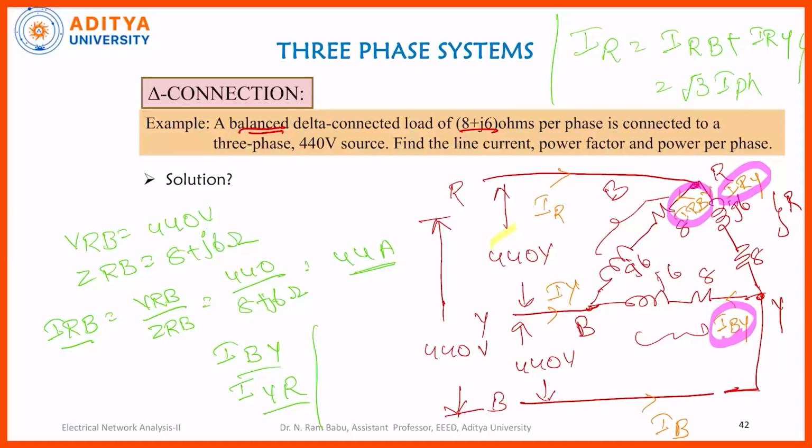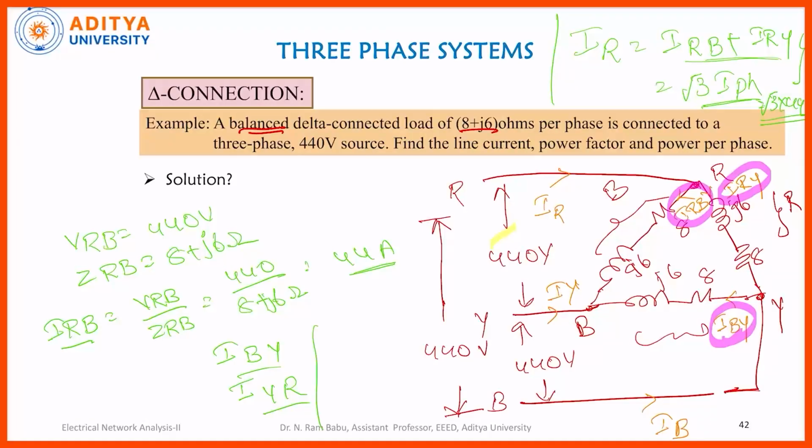You can use both formulas. If you use the first formula, you need to calculate the value of IRY also, or else you can directly go for IR equal to root 3 times I phase, which is root 3 times 44. From this you can get the values of line currents and phase currents.